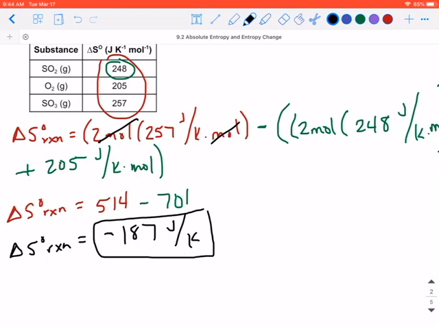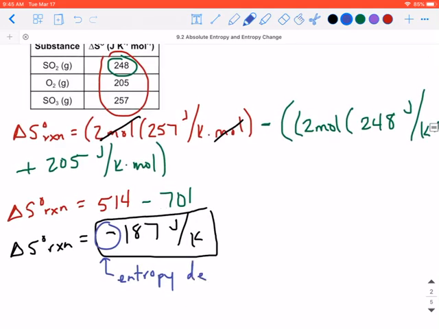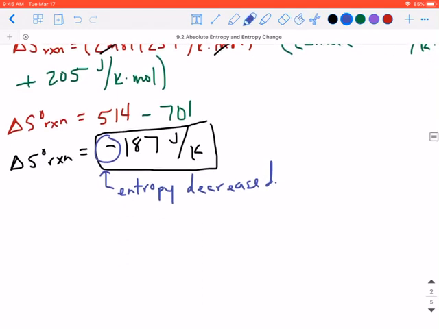So it's important to think about what this negative means. It's telling us that throughout this reaction, the entropy has decreased. That means it's less probable for SO3 to decompose to form SO2 and O2.